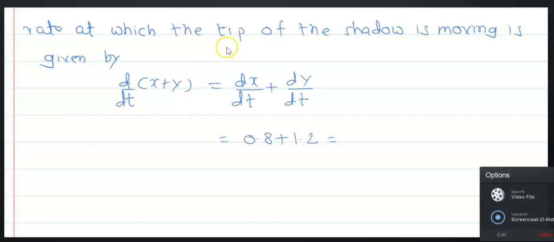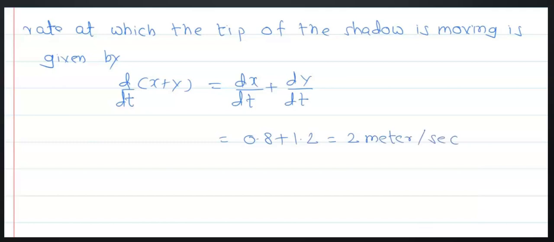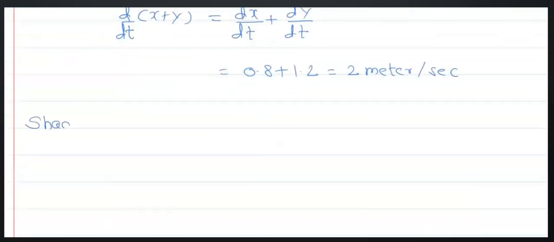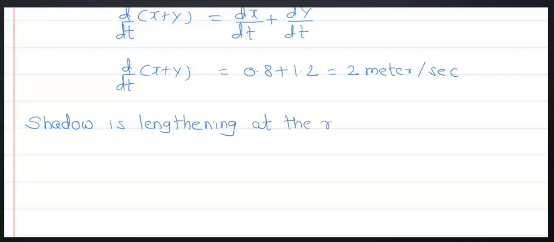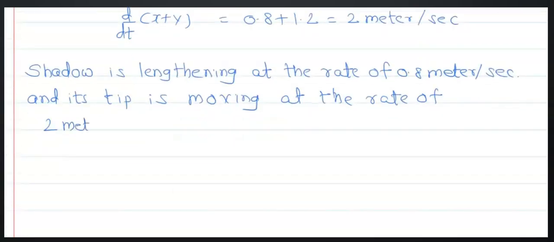Substitute the values: dx/dt is the rate at which the shadow is lengthening, and dy/dt is given as 1.2. That is 2 meter per second. Therefore, the shadow is lengthening at the rate of 0.8 meter per second, and the tip of the shadow is moving at the rate of 2 meters per second.